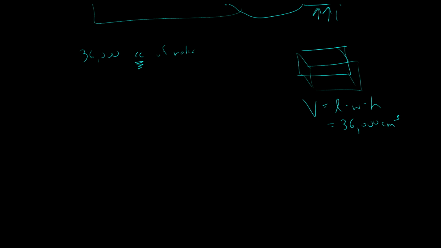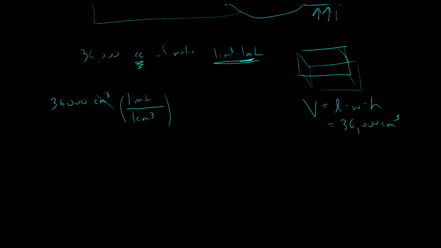But now I need to convert that into liters. So I'm going to take my 36,000 centimeters cubed and I'm going to look for my conversion factor. Well, my conversion factor is 1 centimeter cubed equals 1 milliliter. So I'll turn this into my conversion fraction. I'll put my milliliter upstairs and 1 centimeter cubed downstairs.